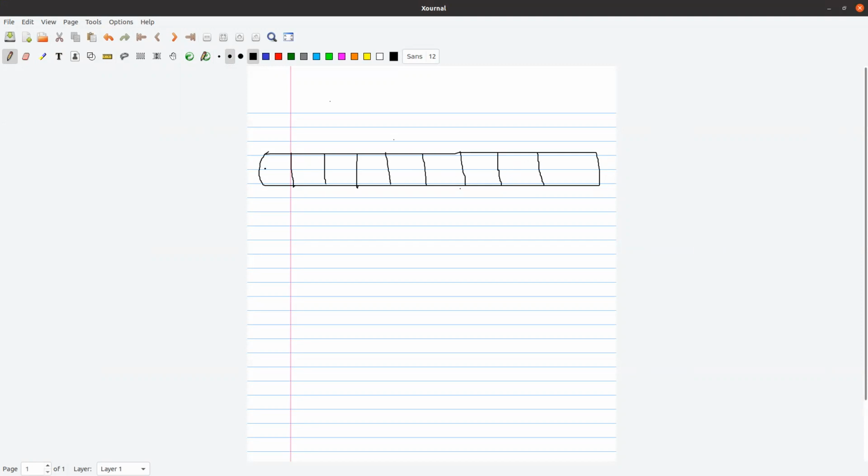Suppose this is y at t, and this is y at t plus n. Then this point is t plus 1, t plus 2, and so forth, and here it should be y_{t+n-1}.